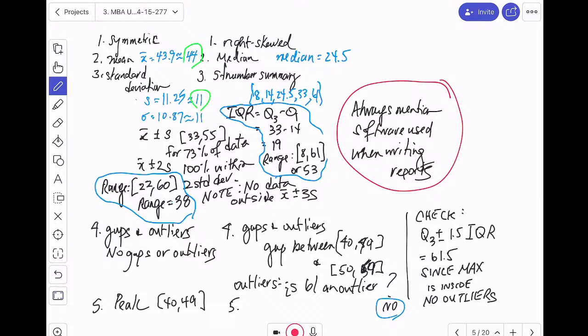So for the gaps and outliers, the gap for Maris would be 40 to 49 and 50 to 59. And the peak would be 40 to 49 here, and you say no clear peaks. The distribution is flat.